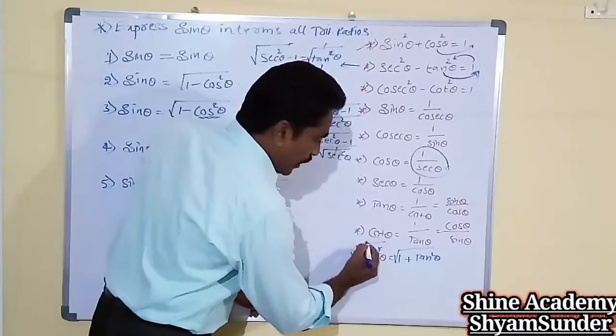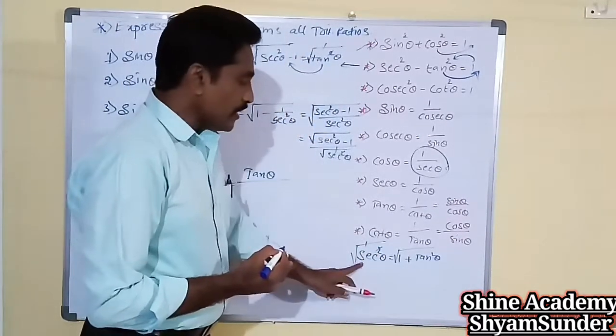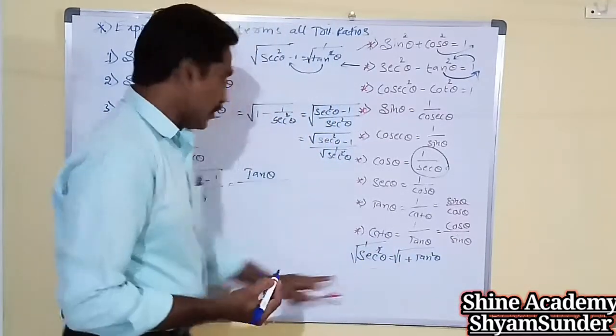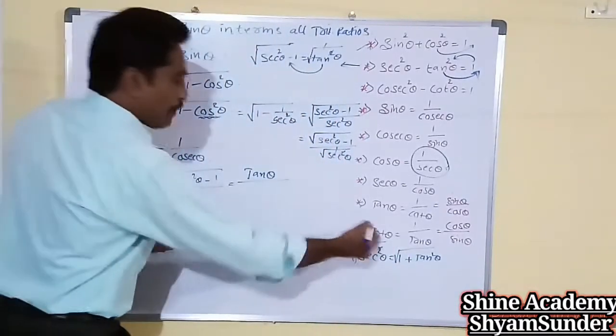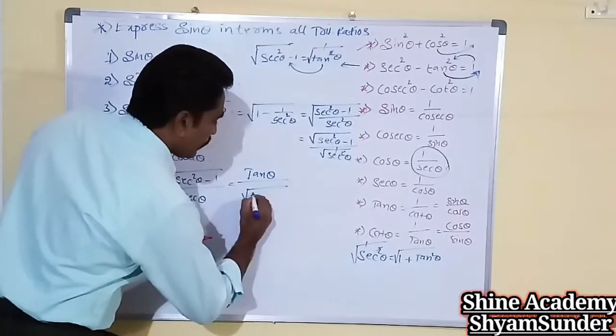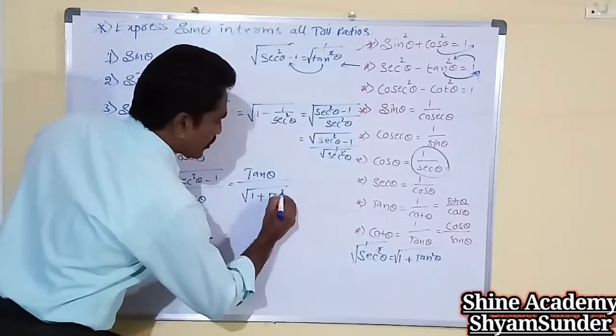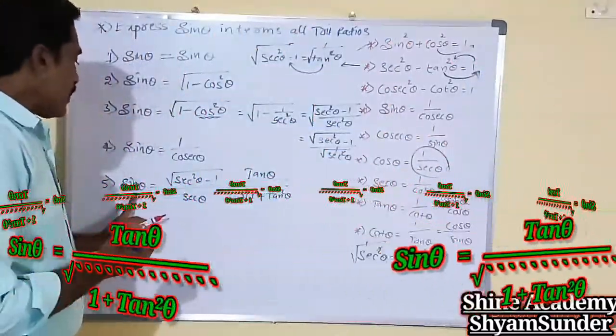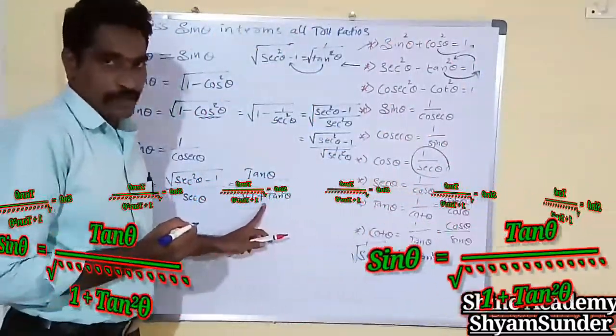Here the square and root will be cancelled. Then sec theta is equal to under root of 1 plus tan square theta. So replacing this sec theta by under root of 1 plus tan square theta, here we have expressed sin theta in terms of tan.